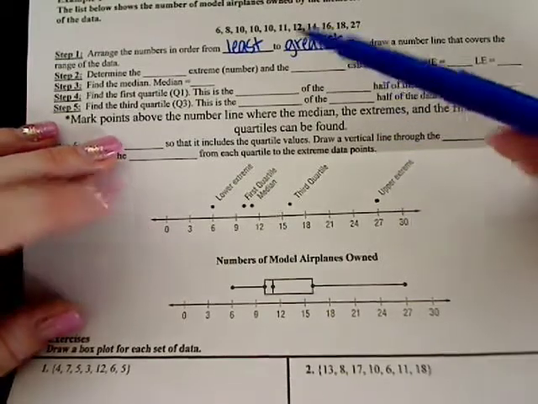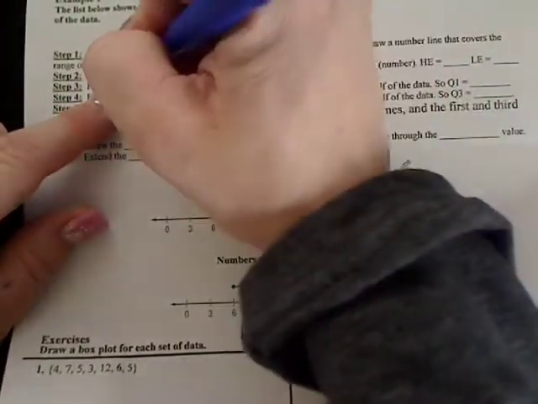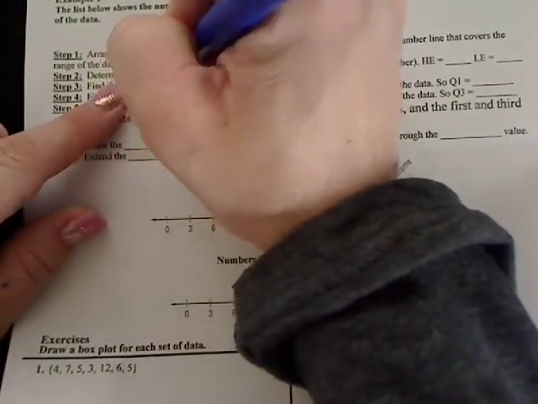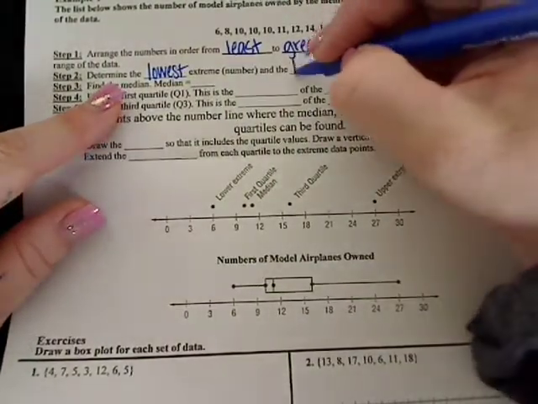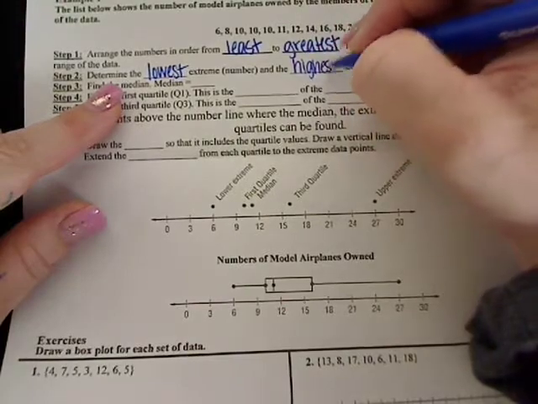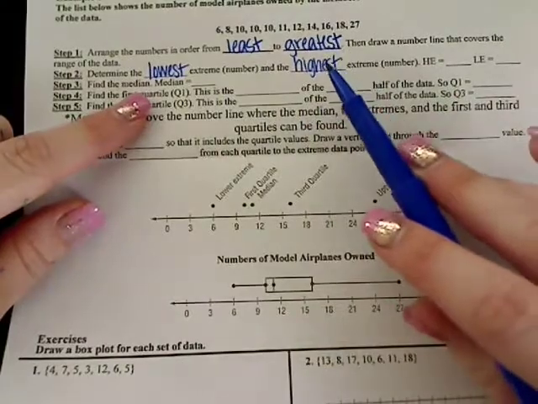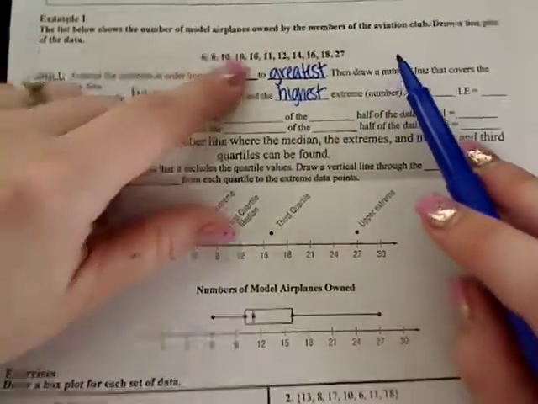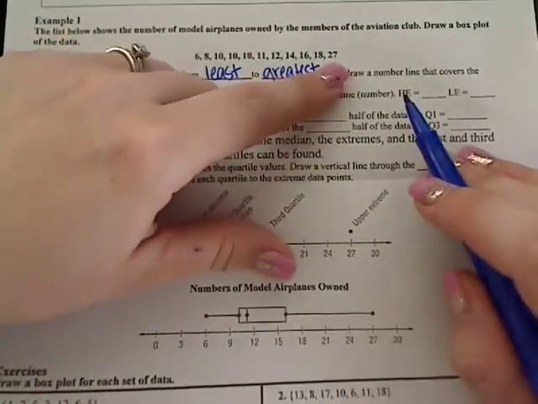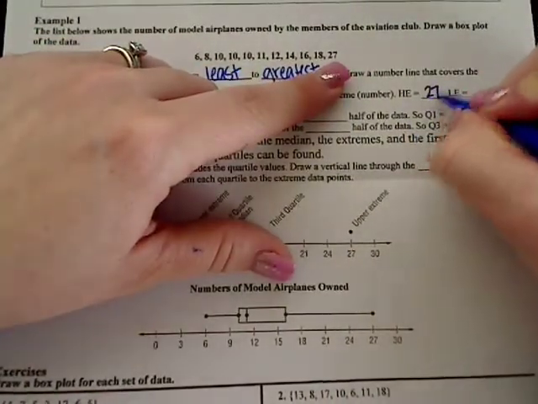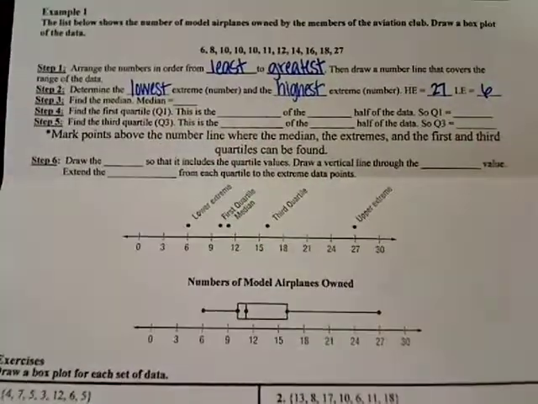All right. Then step 2 is going to be to determine the lowest extreme and the highest extreme. So we're going to figure out the lowest number, and then we're going to figure out the highest number. Looking at our set of data that's already in order, least to greatest, my highest extreme or biggest number is 27, and my lowest extreme or smallest number is 6.